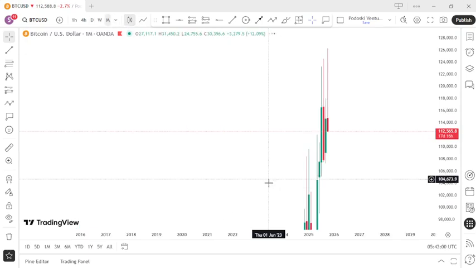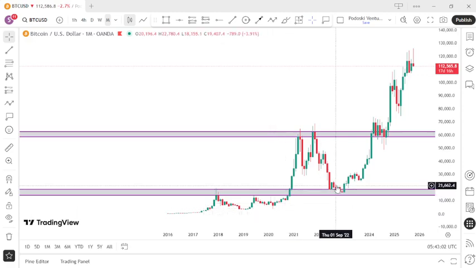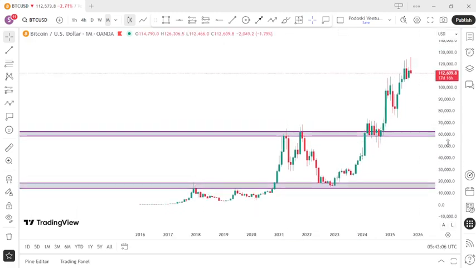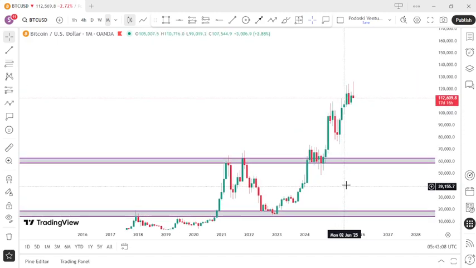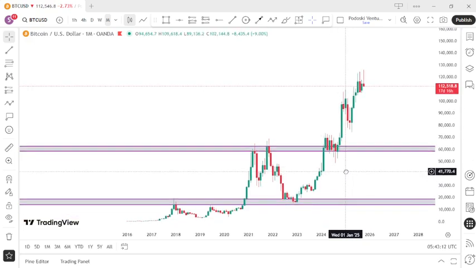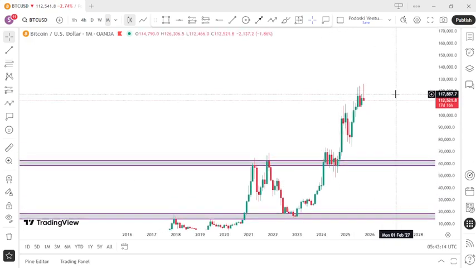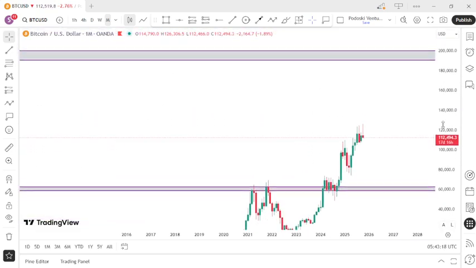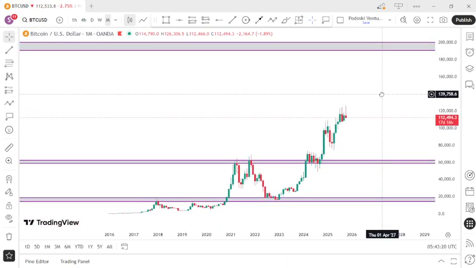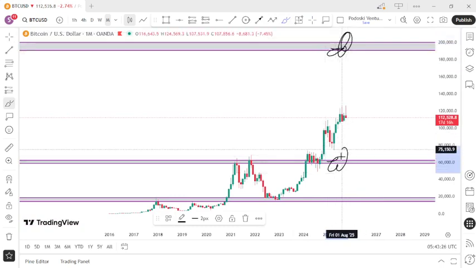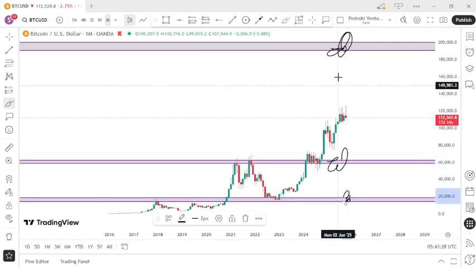Okay, so on BTCUSD, I'm starting from the monthly time frame. So on the monthly time frame, I have my monthly upper zone here, midway zone here, and my monthly lower zone here.